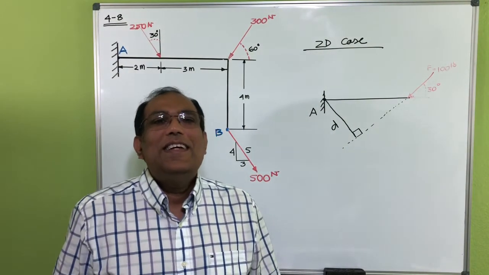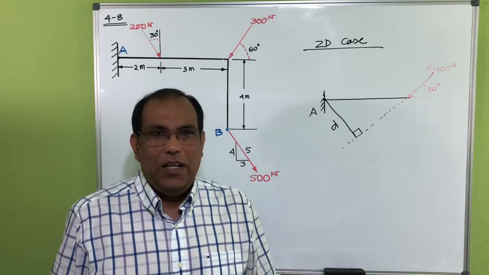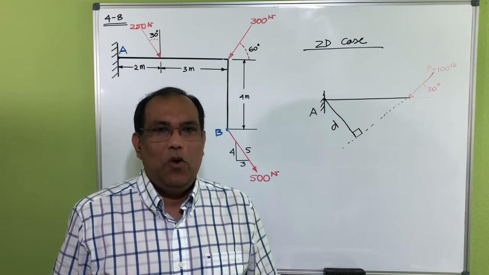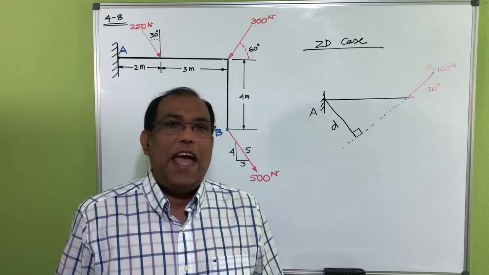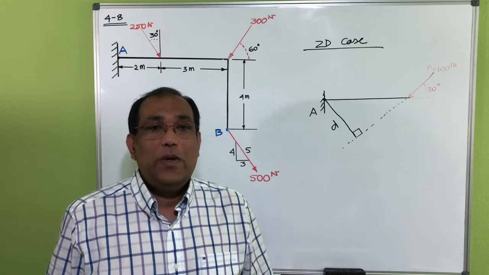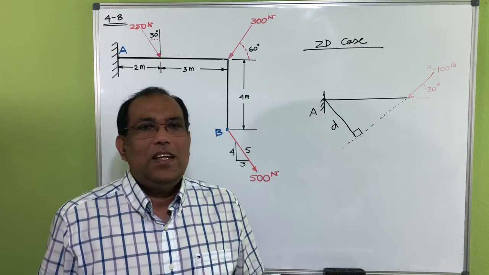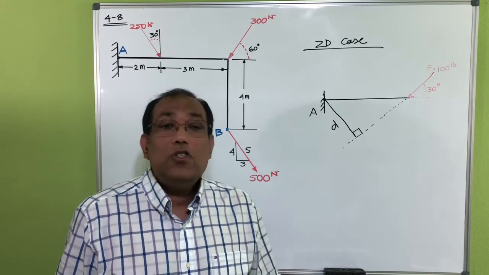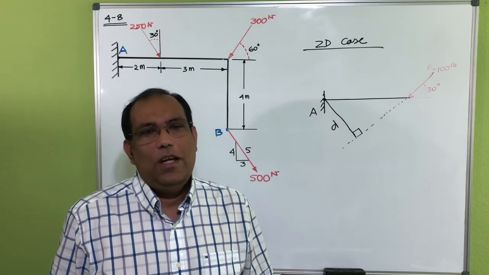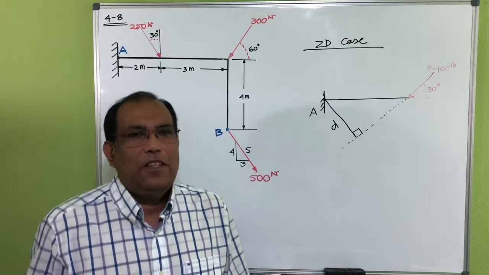So D is the shortest or perpendicular distance from the point at which I'm trying to take the moment to the line of action of the force. Many times when you're trying to find the shortest distance, it doesn't touch the force, so you have to extend the line of action of that force to find your distance. That's the first thing here.